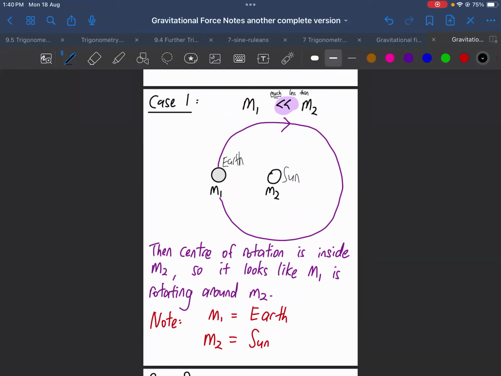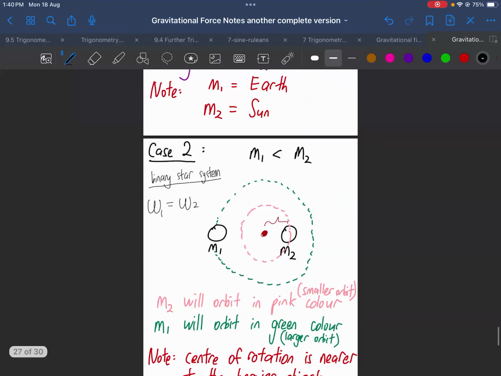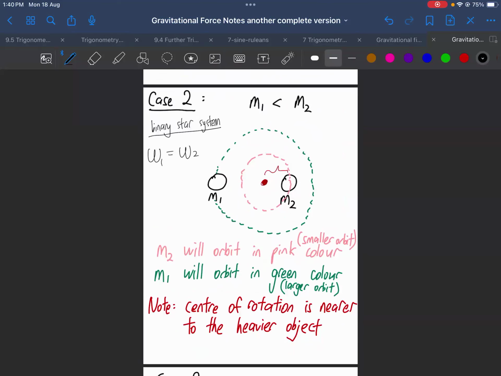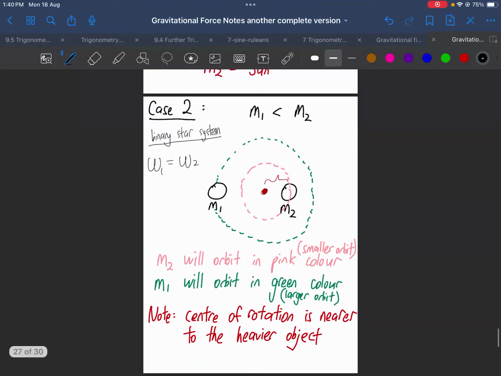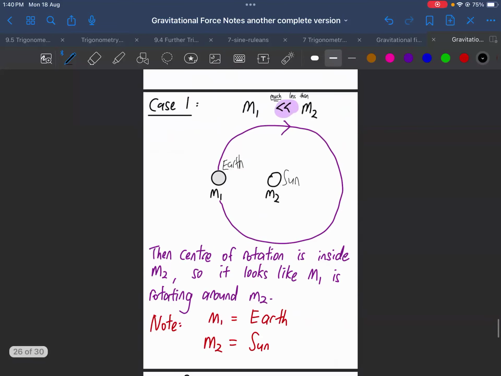So that is why it's the Earth rotating around the Sun, not the other way around. In another case, for your information, this one, mass 1 is less than mass 2. Just now, I mentioned that mass 1 is much, much, much less than mass 2.